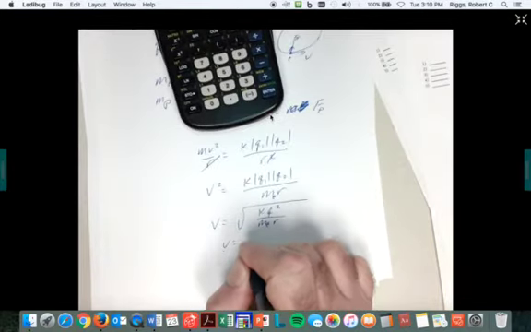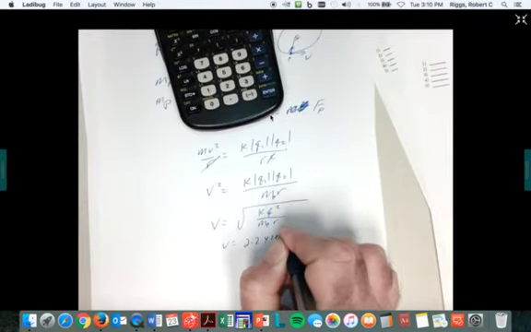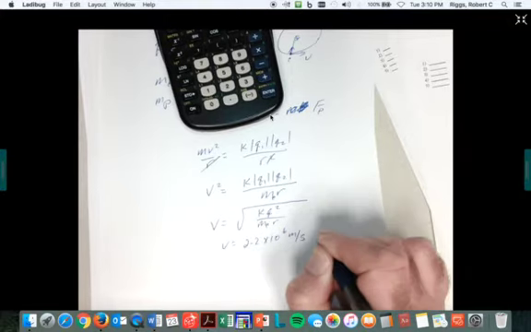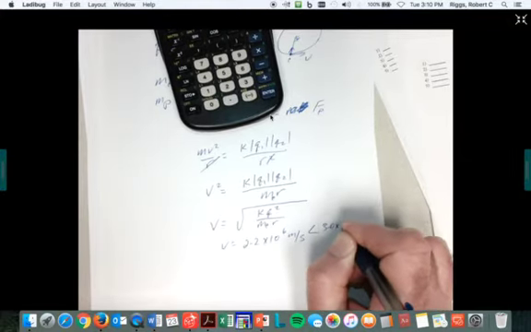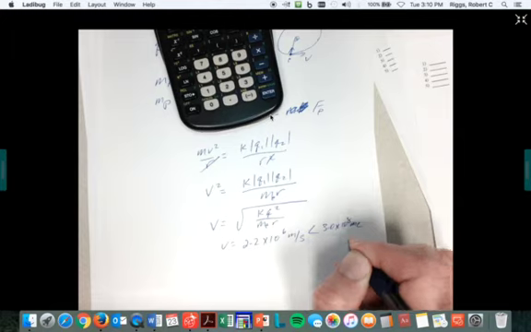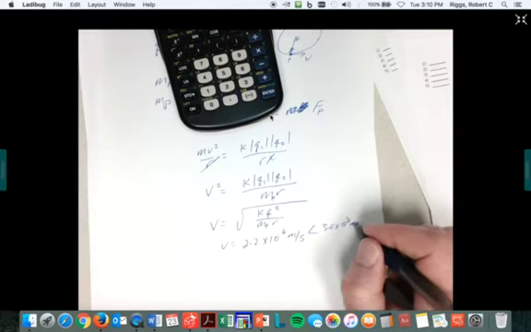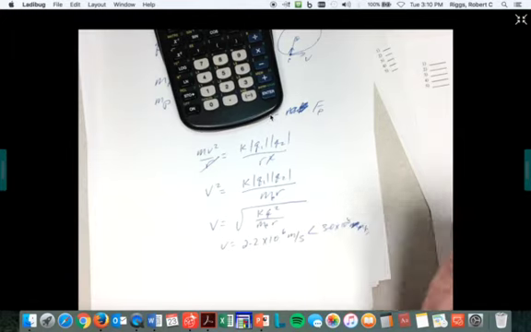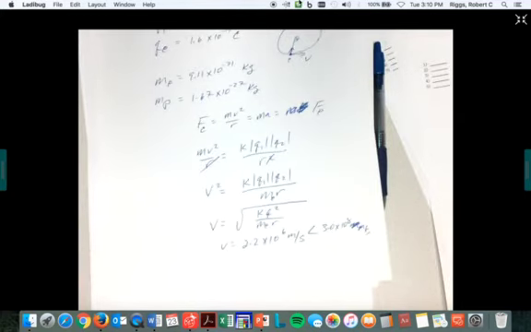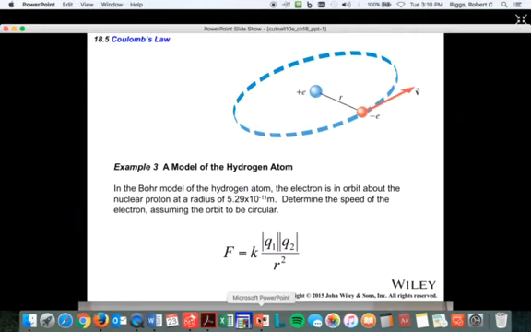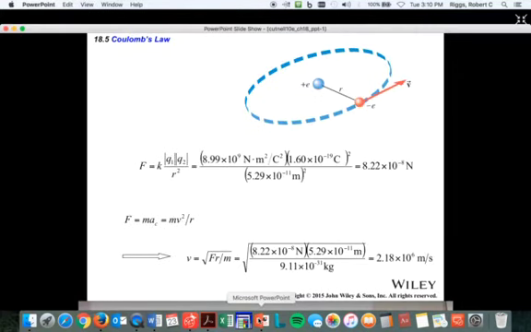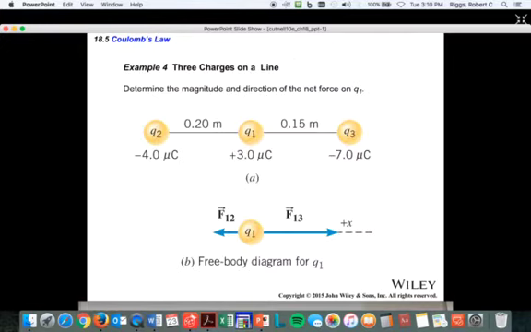So the velocity is equal to 2.2 times 10 to the 6th meters per second, which is less than 3.0 times 10 to the 8 meters per second, the speed of light. So I'm in good shape. All right, that was fun. Let's see if we're correct. I rule. All right, that's Coulomb's law.